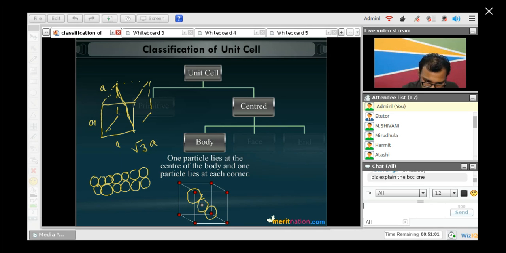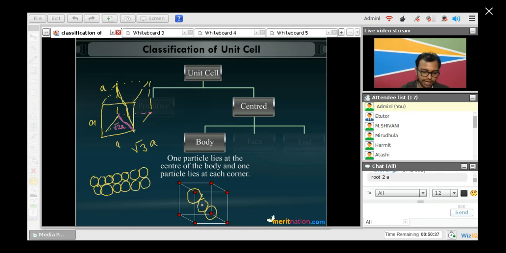Let's consider this to be the face diagonal. This is the face diagonal, and this is how the face is there. Now you can calculate the value of the face diagonal. So, what is the value of the face diagonal? Face diagonal is equal to root 2a, right?